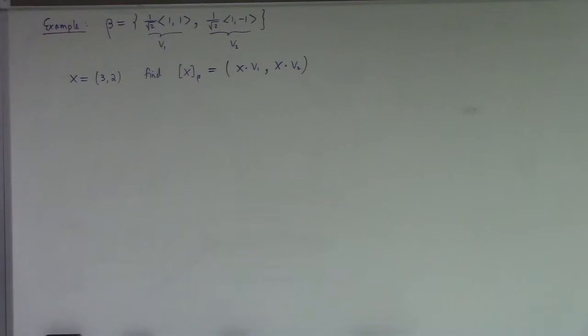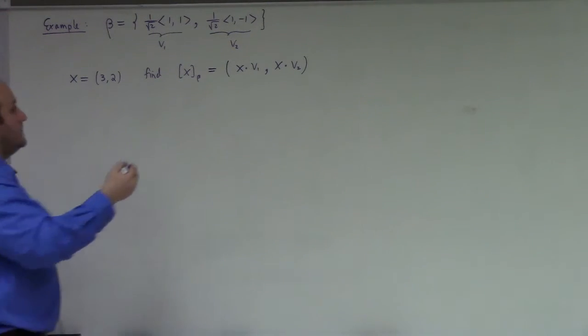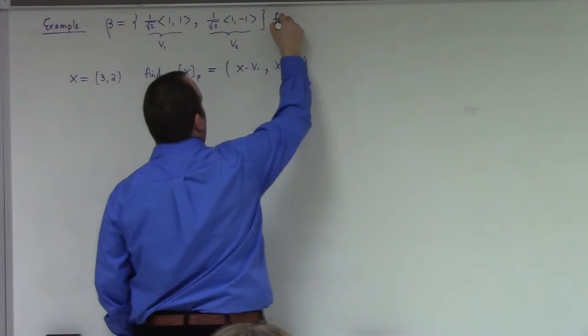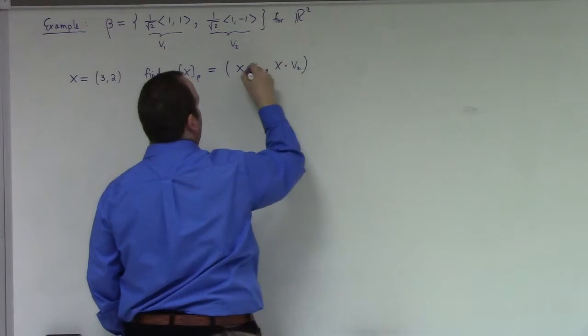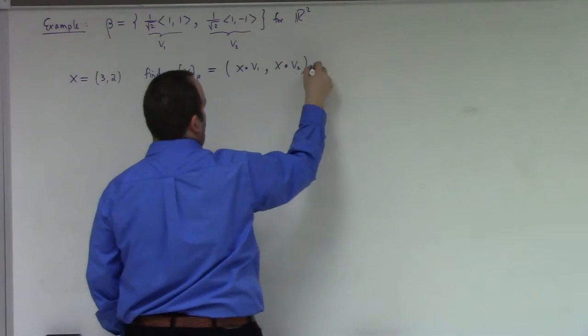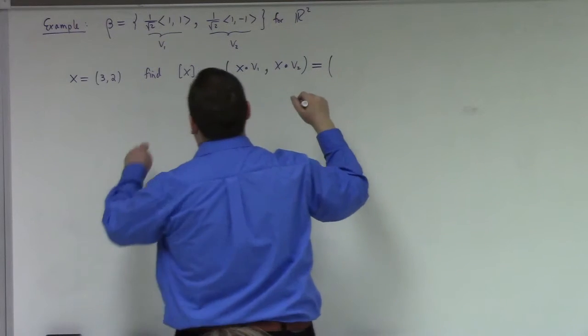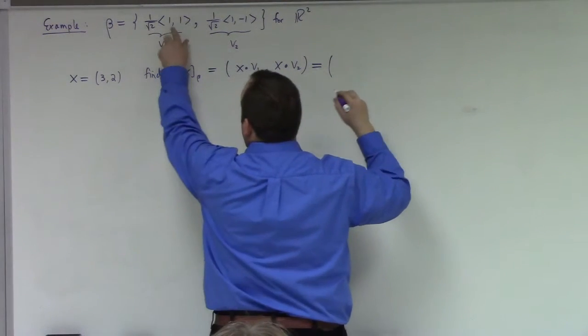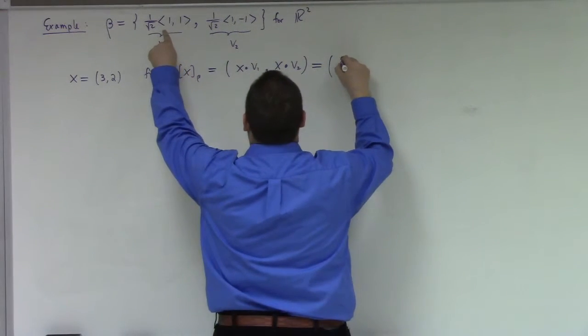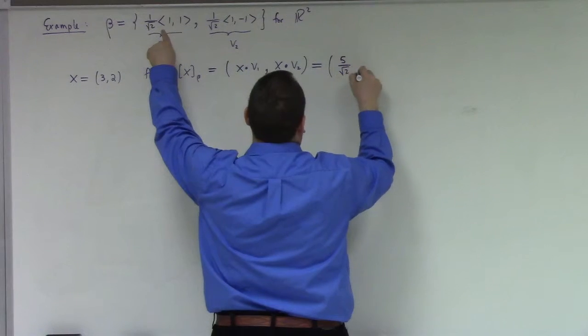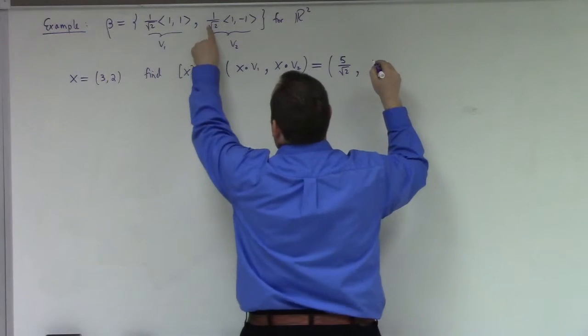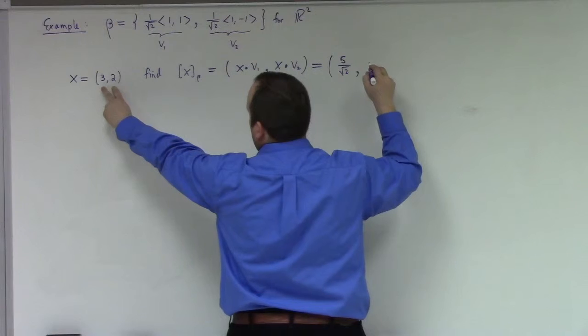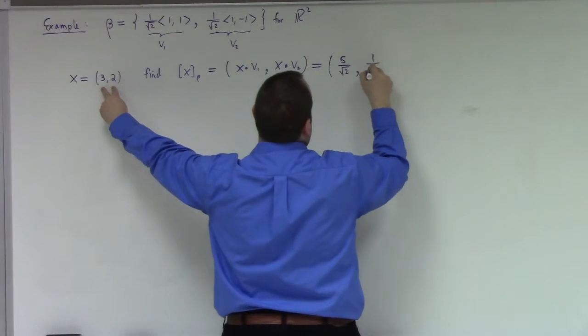The inner product here, of course, is just the dot product. We're in R2. And you can work those out in your head, right? (3, 2) dot that is what? 5 over root 2. And this one is 1 over root 2.